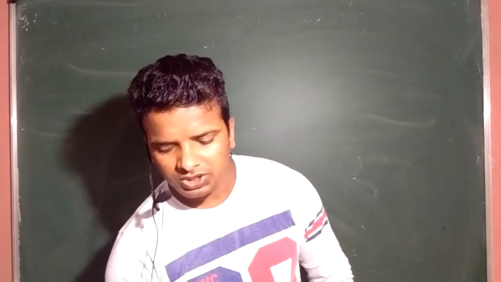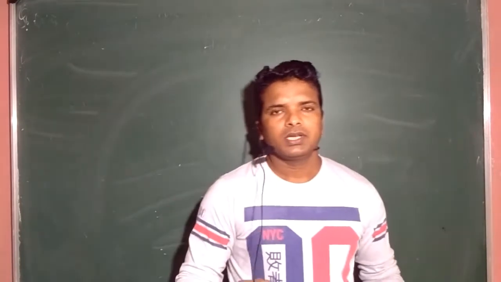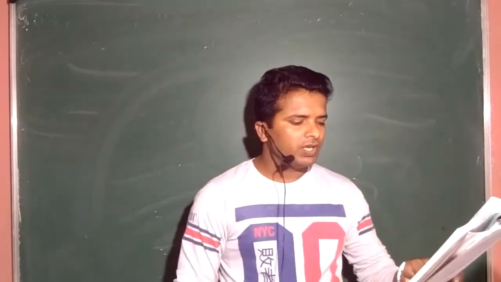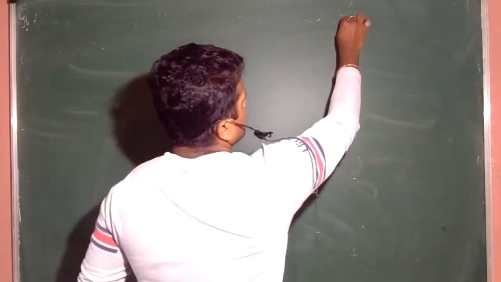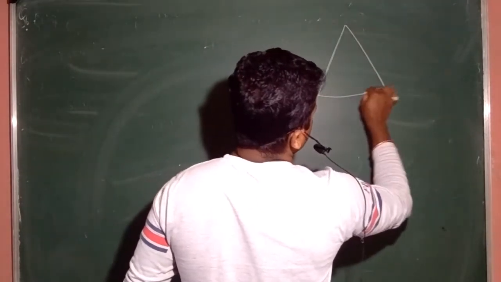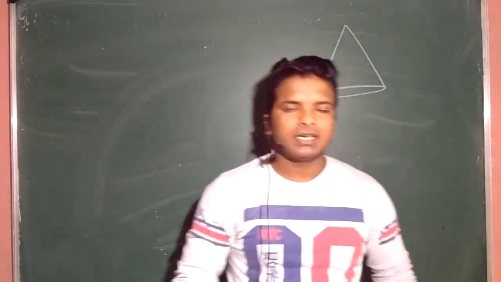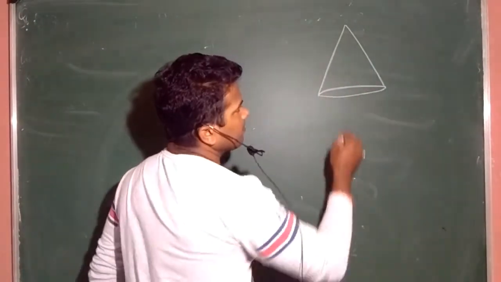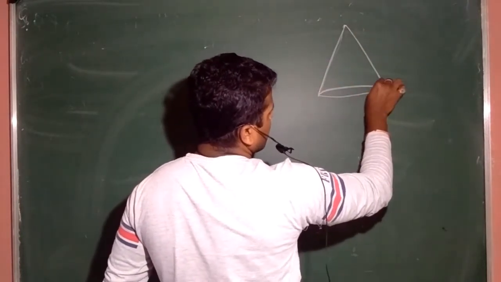Exercise 13.3, question number 1 says that the diameter of a cone. You studied the cone in class 8 also. This is the cone. One of the best examples of a cone is the joker cap. In the joker cap, this is called the upper one, and this downside is called the base.